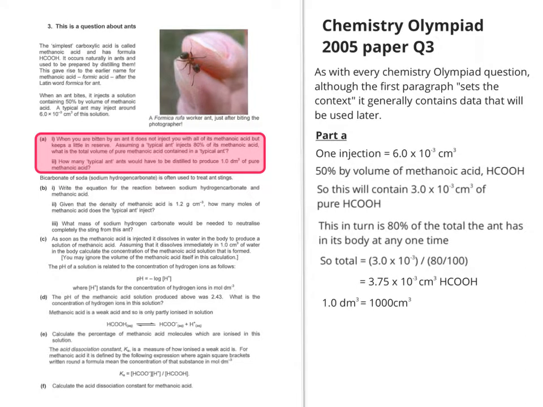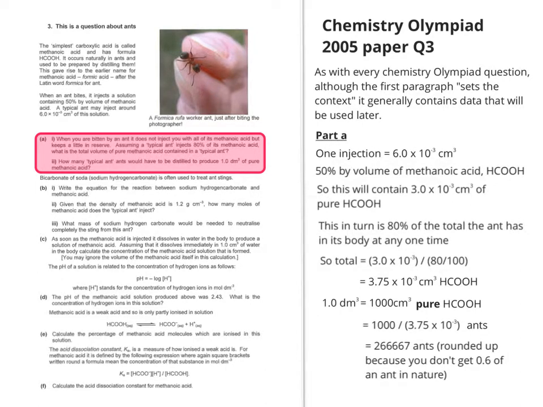The next part of question A asks you to calculate how many typical ants, in other words, how many of this particular ant, would have to be distilled to produce 1 decimeter cubed of pure methanoic acid. That would mean you'd need 1,000 centimeters cubed of pure methanoic acid.